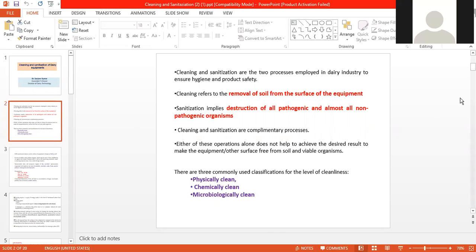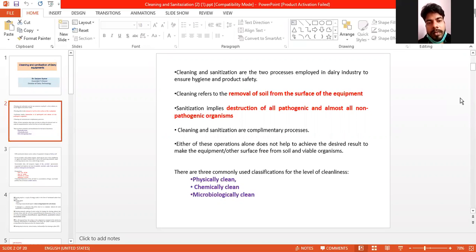Cleaning and sanitation are complementary and generally employed in the dairy industry to ensure hygienic production and product safety for the consumers. Cleaning means removal of soil from the surface of equipment, and sanitation means complete destruction of all pathogenic and almost all non-pathogenic organisms from the equipment or the environment.